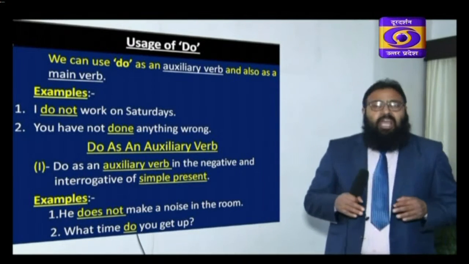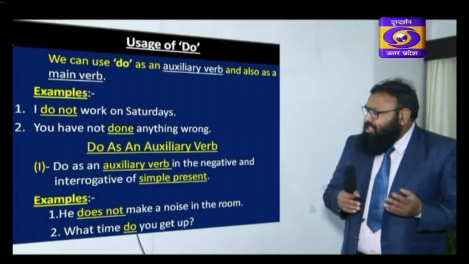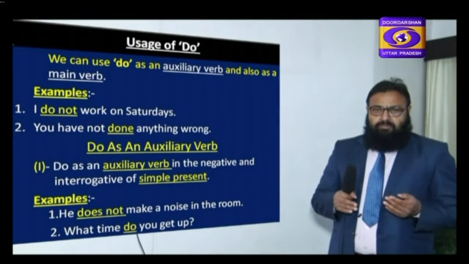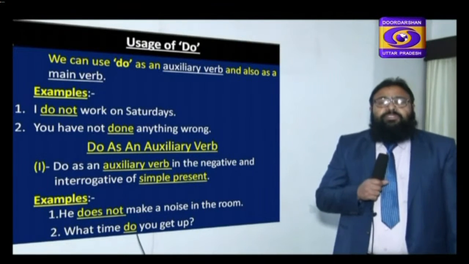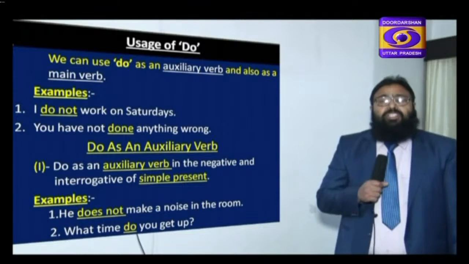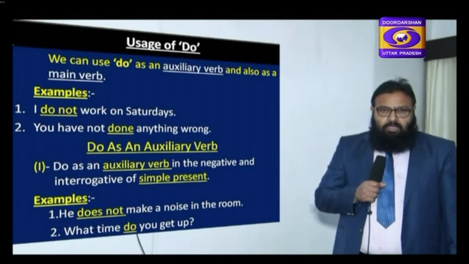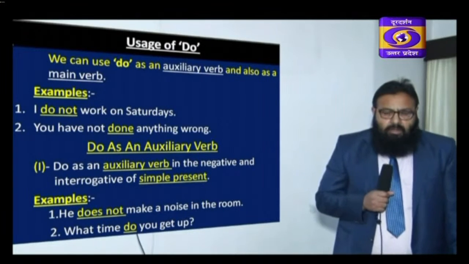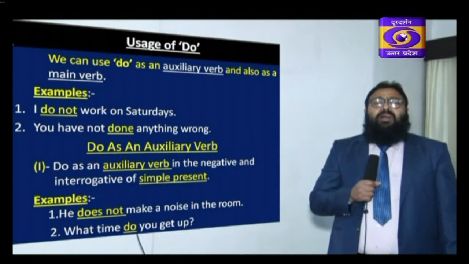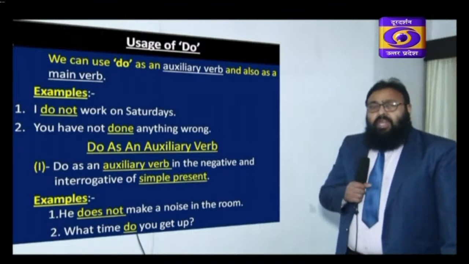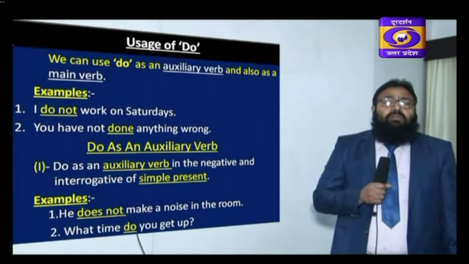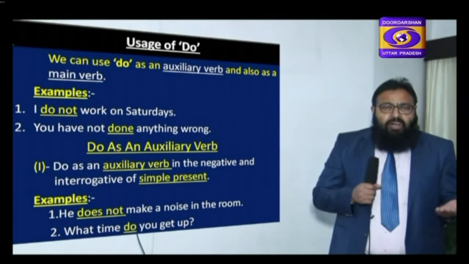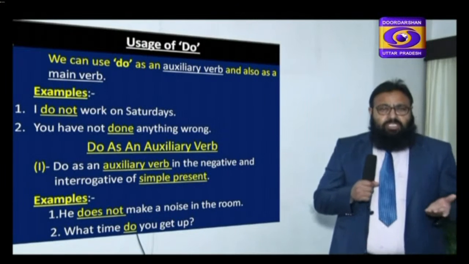Now, do as an auxiliary verb is used both in the negative and interrogative in simple present or present indefinite tense. Dear children, there are just two tenses: present indefinite tense or simple present, and past indefinite or past simple, where we do not have a helping verb or auxiliary verb in the affirmative sentences.